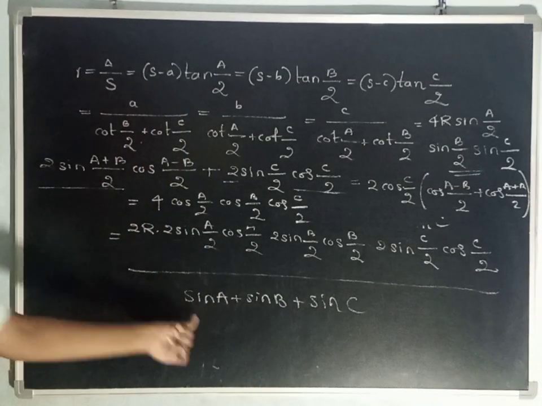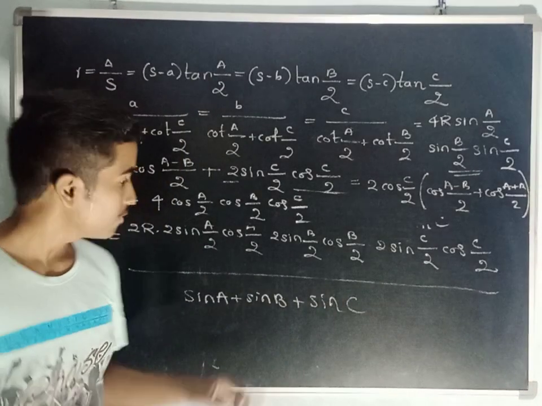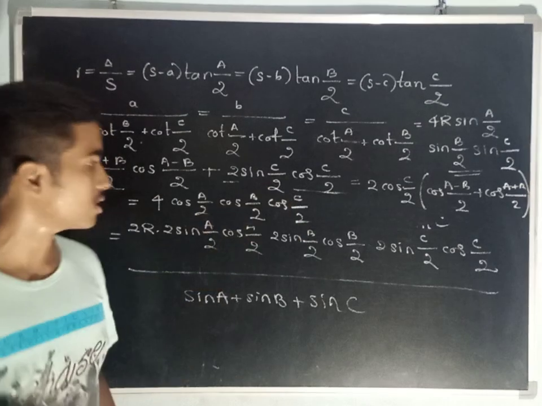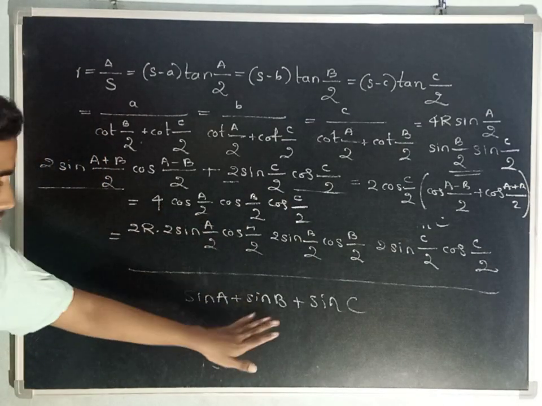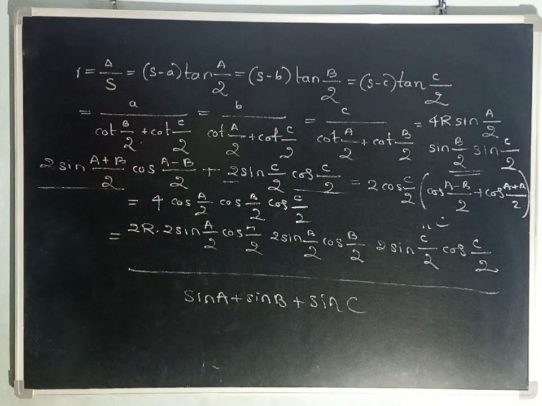Okay, finally on simplifying sin A plus sin B plus sin C, we have got 4 cos A by 2 cos B by 2 cos C by 2. So let me put this value here. Let's move on further.